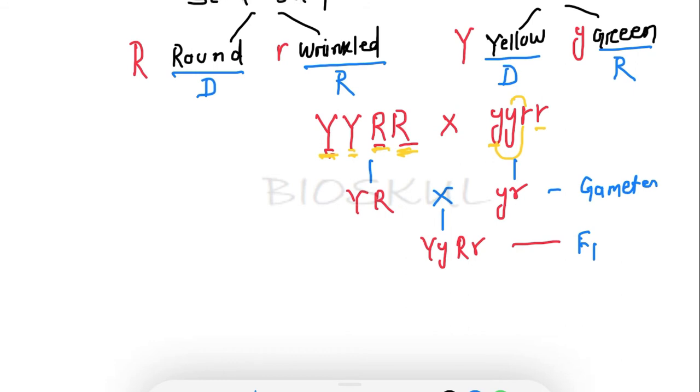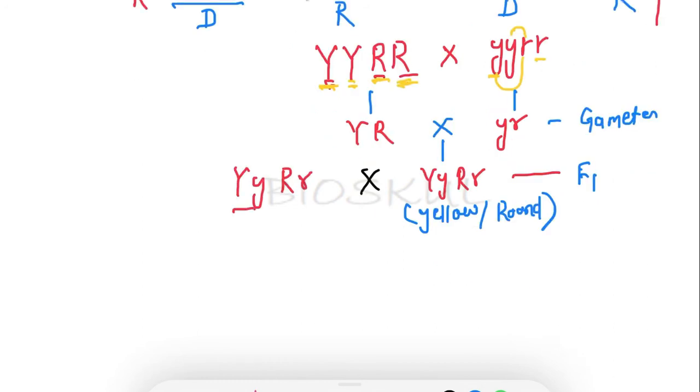The dominant allele will express its character, so it will be yellow round. Then self-cross the F1. These are the genes for two different traits. One gene is for seed color and the other, round, is for seed shape. The genes for two different traits assort independently of each other during gamete formation.